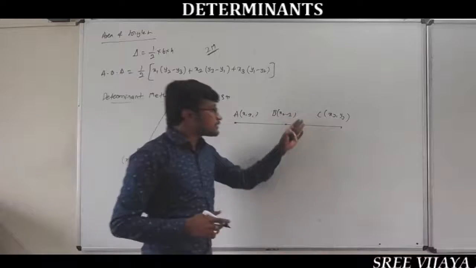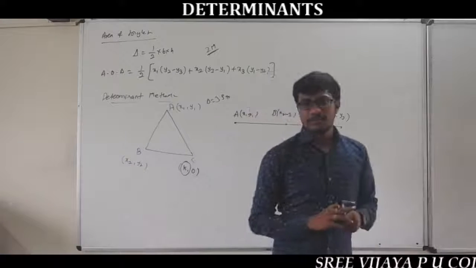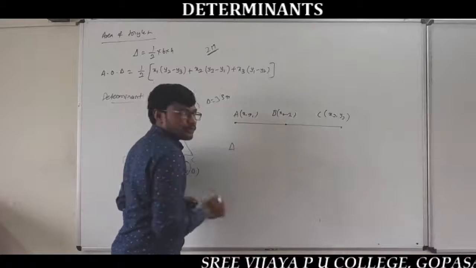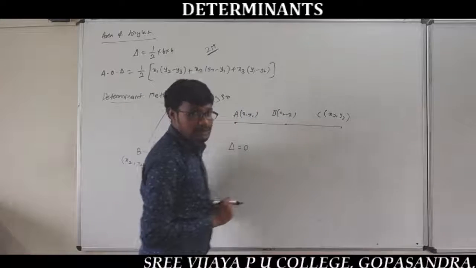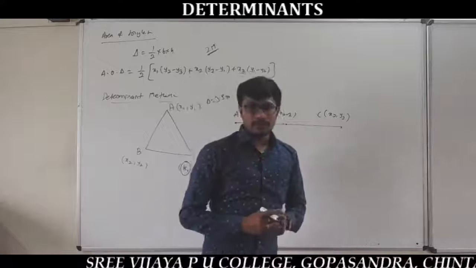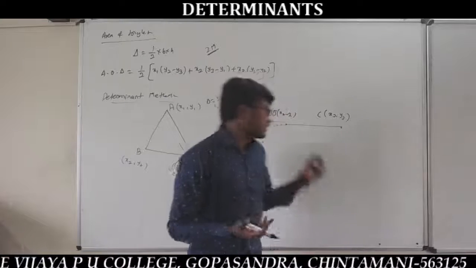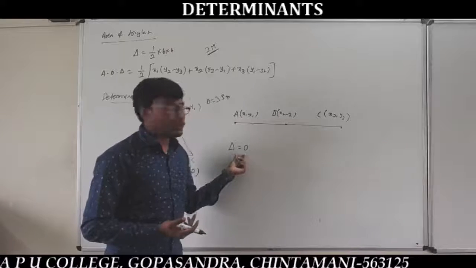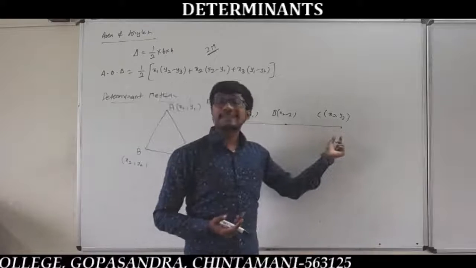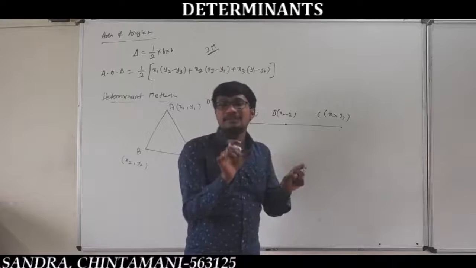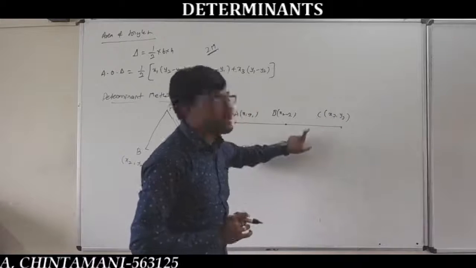If all 3 points lie on the same line, then what about the area? Delta, that is the area of the triangle, is obviously 0, because no triangle is formed. If no triangle is formed, there is no area, right? So obviously delta will be equal to 0. You can call this concept collinear. What is meant by collinear? The points which lie on the same line are called collinear.